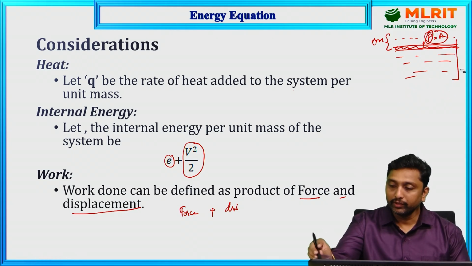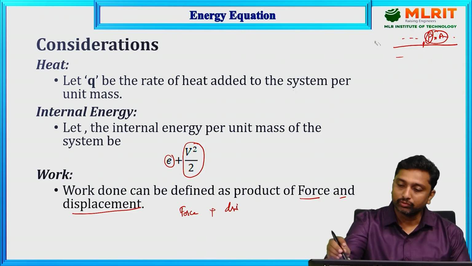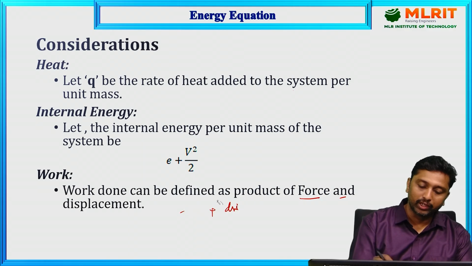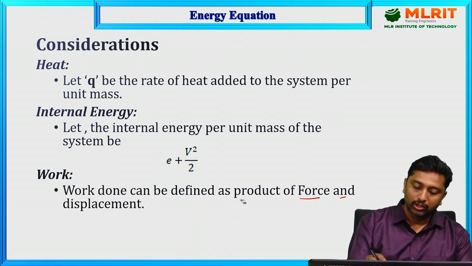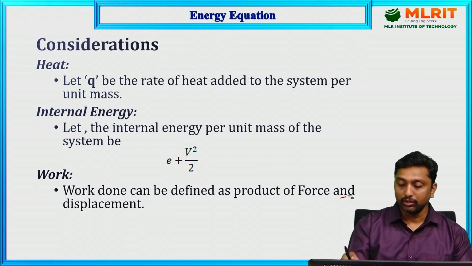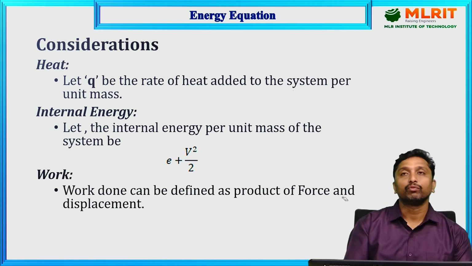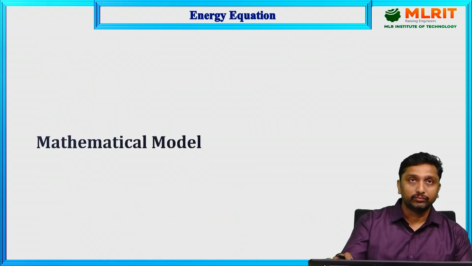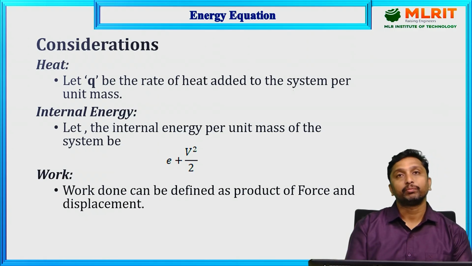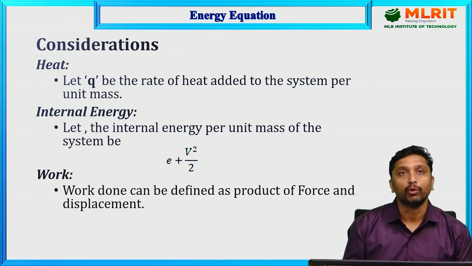So here we need to understand which forces we are going to consider for this derivation. Since we already assumed that forces such as nuclear forces and electromagnetic forces are negligible, we can reduce the forces to very few: the pressure force, shear force and the body force.